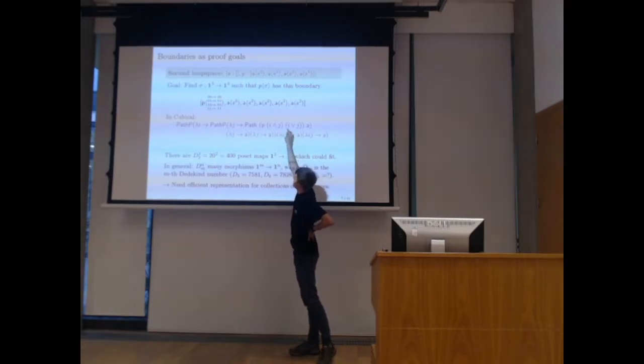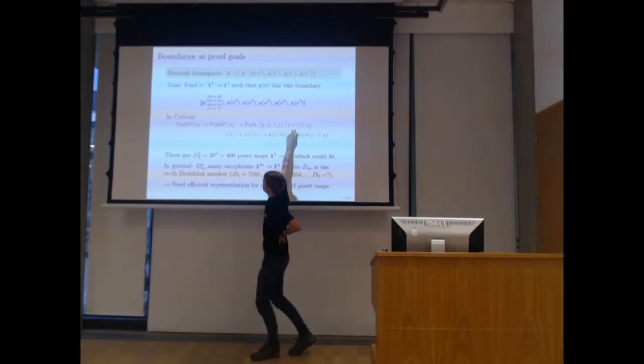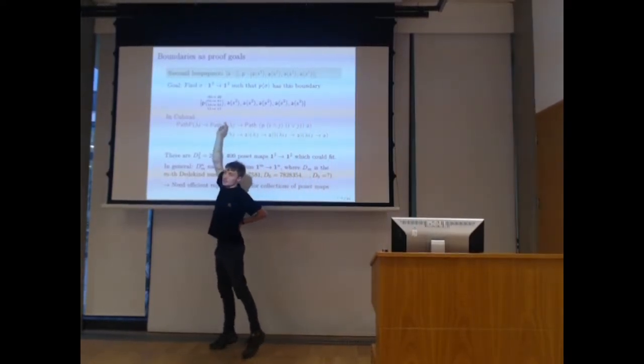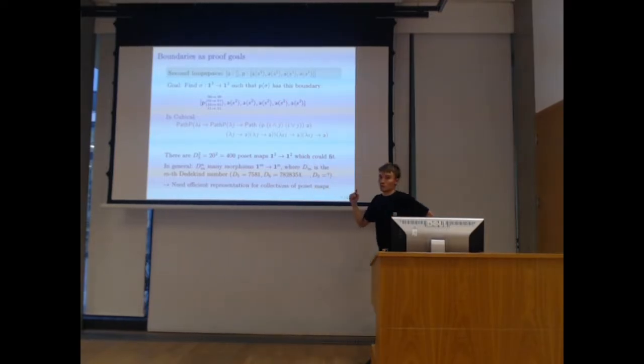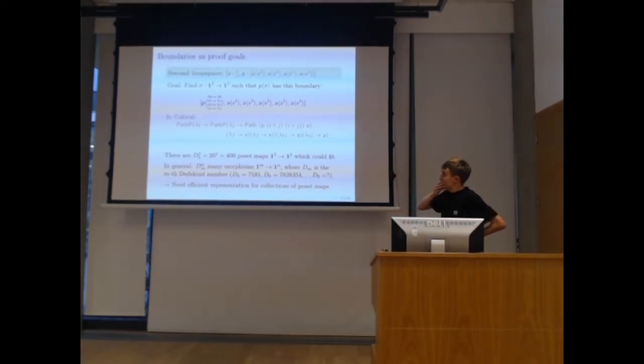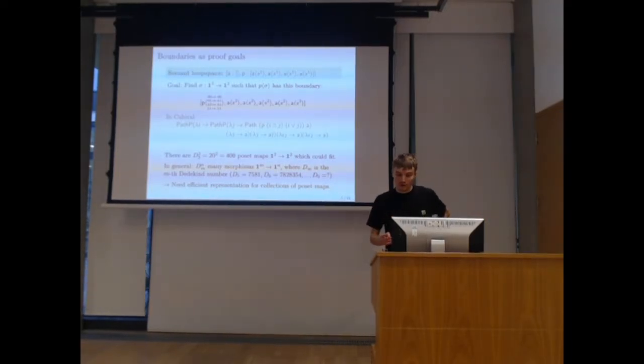So this is a 2-tuple of formulas in 2 variables, which corresponds to this poset map here from 1 to the 2 to 1 to the 2. So this is what we want to solve for now. We want to come up with a sigma that contorts the given cell to a cell with this boundary.